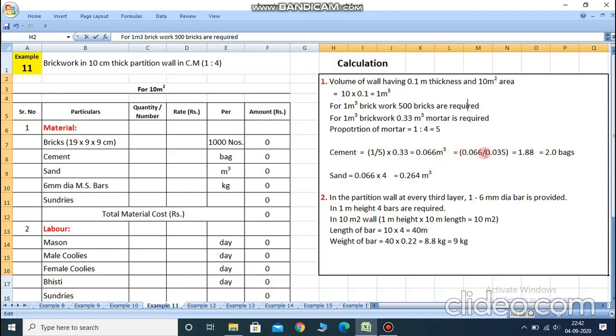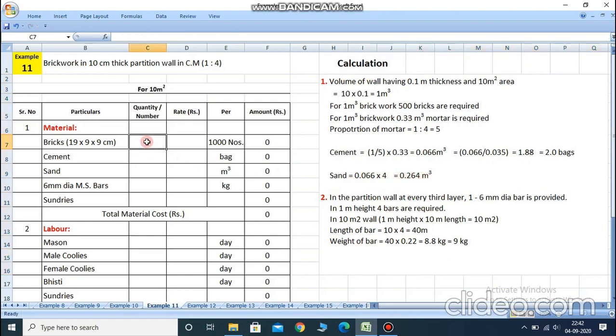So 0.066 divided by 0.035, the answer is 1.88. Rounded up, 2 bags are required to complete the 10 meter square, 10 centimeter thick partition wall. And the sand quantity is 0.066 multiplied by 4, because there are 4 parts of the sand. So 0.264 meter cube is the sand quantity.